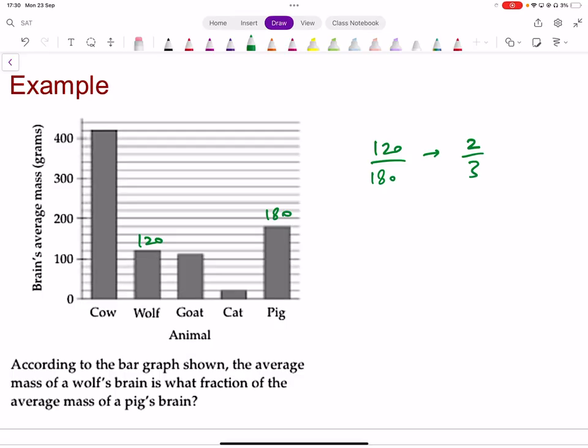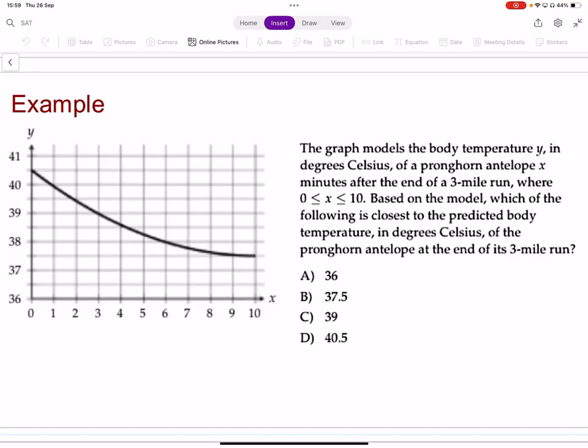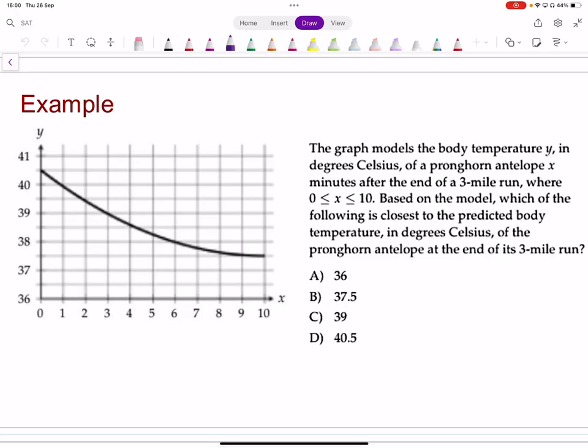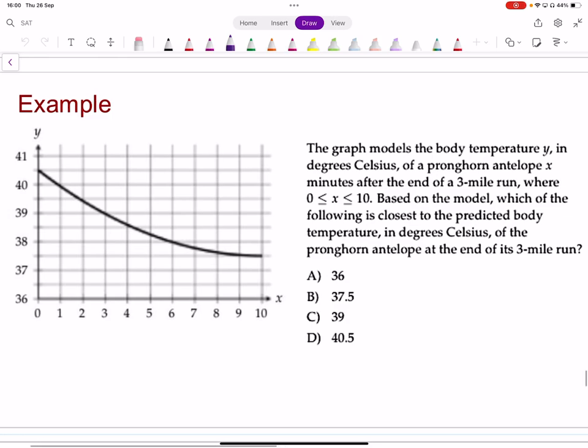2 over 3. Okay, so it says the graph models the body temperature Y in degrees Celsius X minutes after the end of a 3-mile run, where X is between 0 and 10. On the X axis, you have X. On the Y axis, you have Y. You can see it in the diagram. Which of the following is closest to the predicted body temperature in degrees Celsius at the end of the 3-mile run?